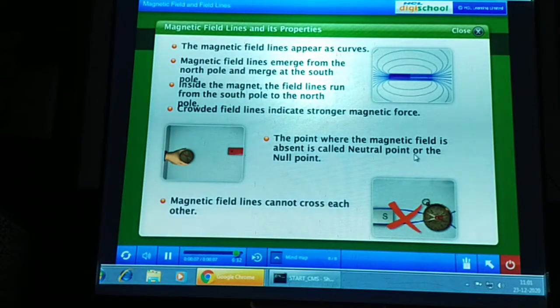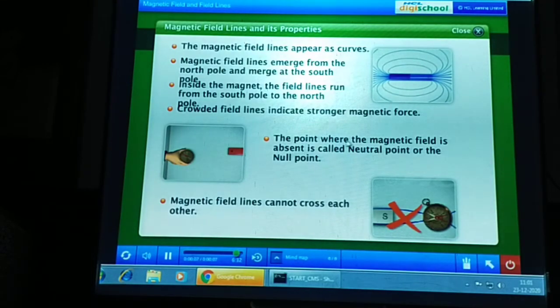Properties. The magnetic field lines appear as curved. Magnetic field lines emerge from the north pole and end at the south pole. Inside the magnet, the field lines run from the south pole to the north pole. Crowded field lines indicate stronger magnetic fields.